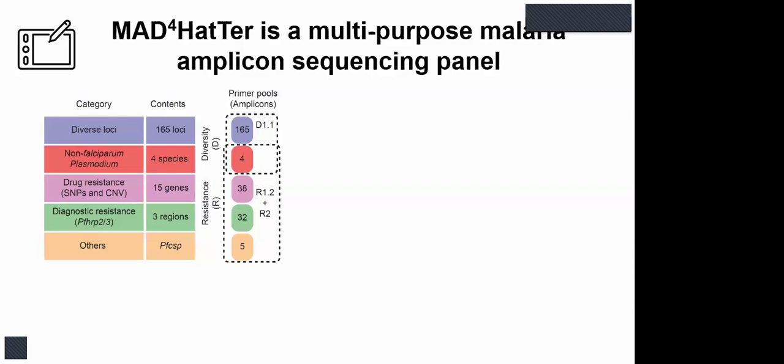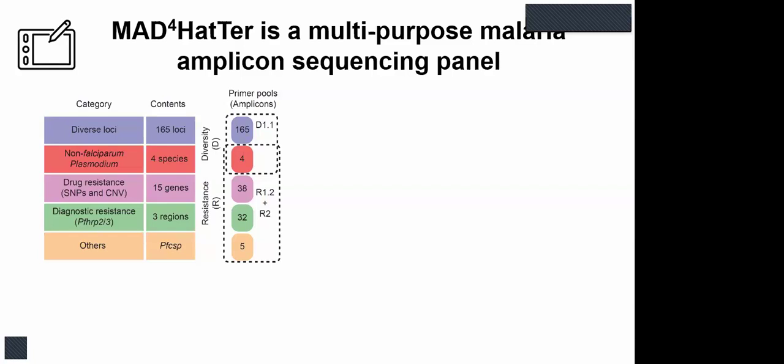And then it has, like I mentioned, the non-falciparum Plasmodium markers, which are 4. And then the drug resistance markers, both SNPs and copy number variations, which are 15 genes being targeted. And then we are targeting 3 regions for diagnostic resistance, that is HRP2 and 3 deletions, and then the other is the CSP gene.